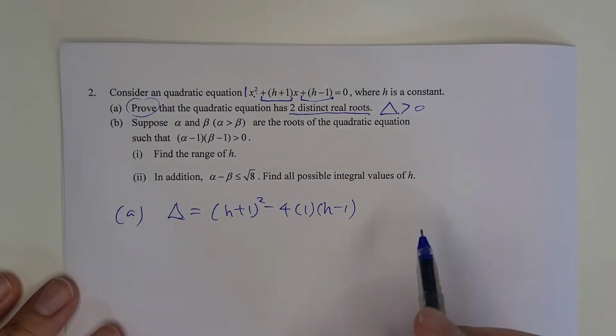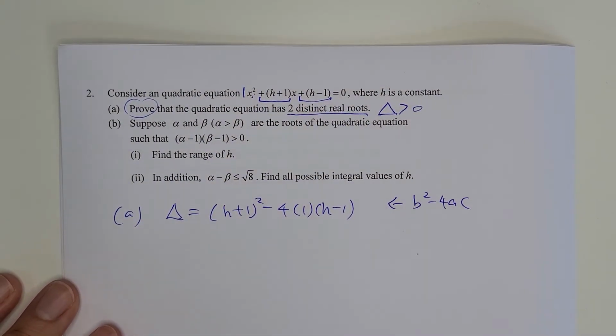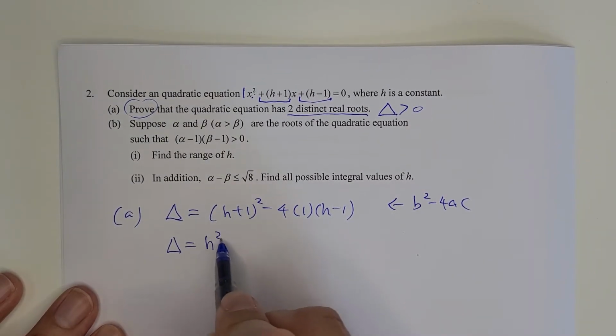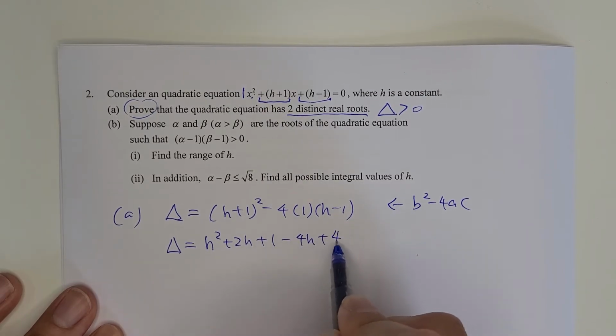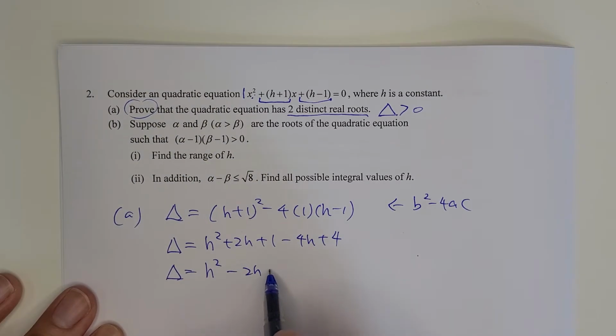So that's the delta, b squared minus 4ac. And how do we simplify this? Just remove the bracket, and you will find that the discriminant can be written as h squared minus 2h plus 1 plus 4.